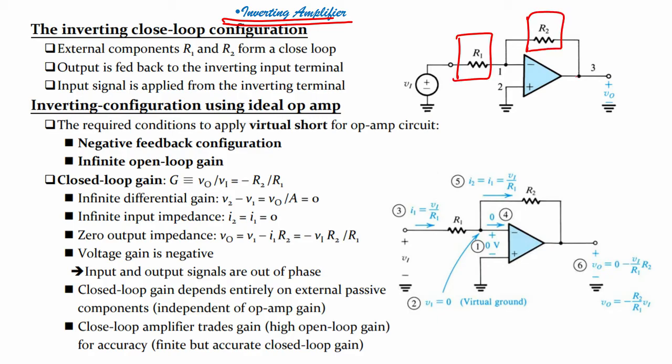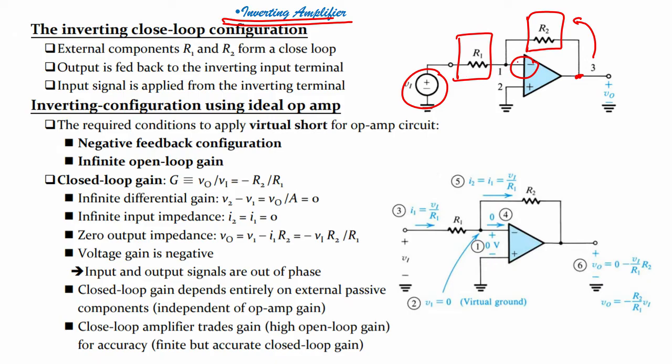This forms a closed loop because you are feeding back here, and the input signal is applied to the inverting terminal. So, three things we have to understand: external components R1 and R2 form a closed loop. Second, output is fed back to the inverting input, and third, input signal is applied to the inverting terminal.